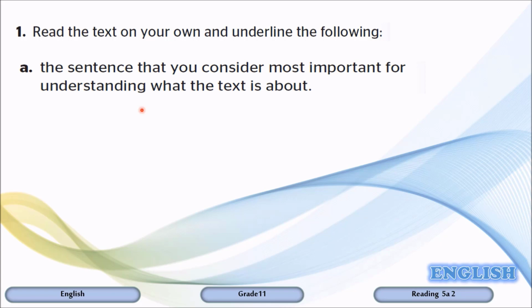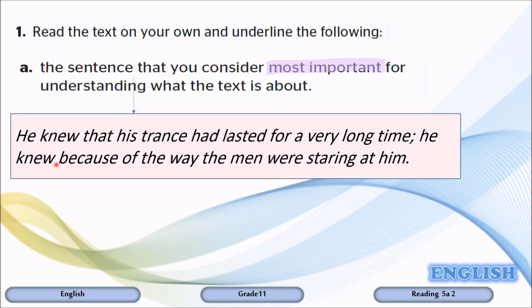Have you found that sentence? Who can tell me what it is? That's definitely right. He knew that his trance had lasted for a very long time, and all the actions revolve around his trance. He knew because the way the men were staring at him, they were surprised.